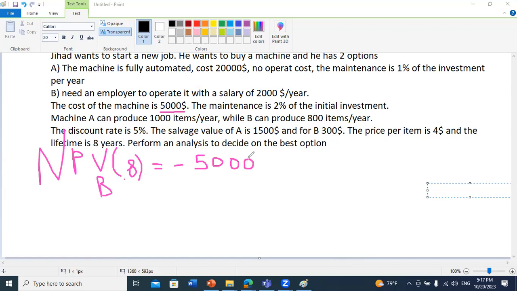But the disadvantage is that now we have extra costs. We have an operational cost, so we have to pay for the employer $2,000 per year. So now when we calculate the cost per year, we should now add a summation from 1 to 8.